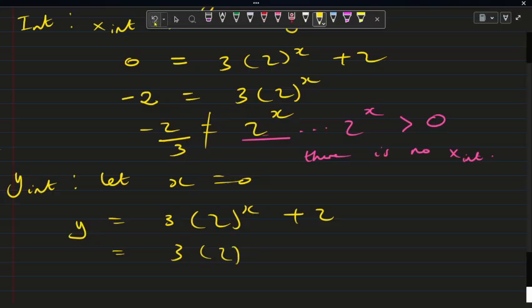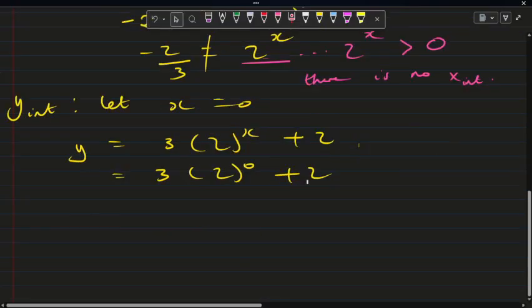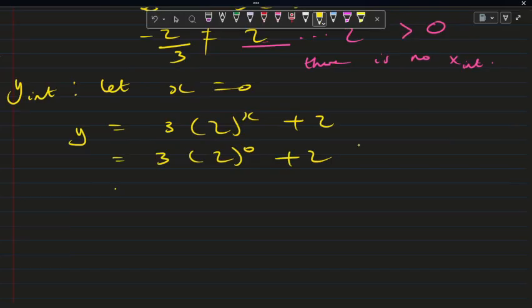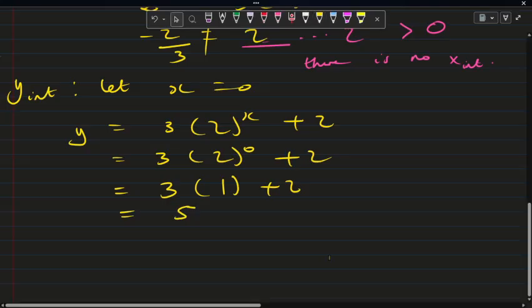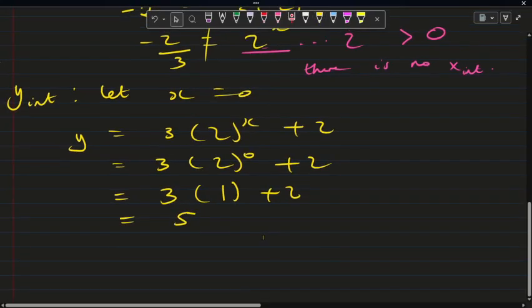If x is equal to 0, then 2 to the power of 0 will just be 1. So we'll end up with 1, and then 3 times 1 is 3, 3 plus 2, this will give us a value of 5.